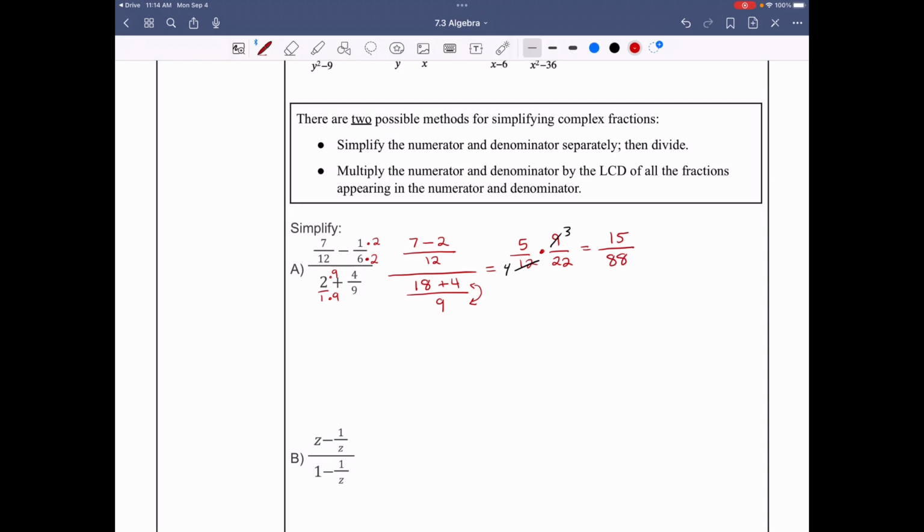All right, so that's method 1, where we simplified the numerator and denominator separately and then divided. Now we're going to do method 2, where we're going to multiply by the LCD. So for 6, 9, and 12, those are our denominators. We can have factor trees.